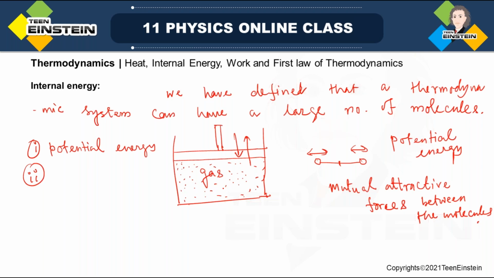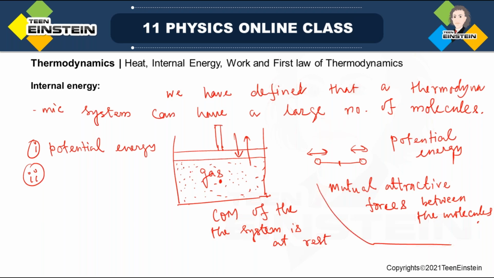Even though the system is at rest, the center of mass (COM) of the system is at rest, this you have to understand, still the gas molecules are randomly moving. Because of this random motion, you have kinetic energy of the system. So the gas has kinetic energy.